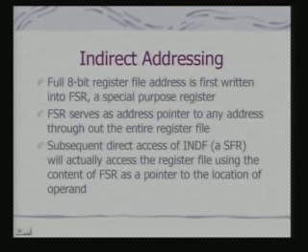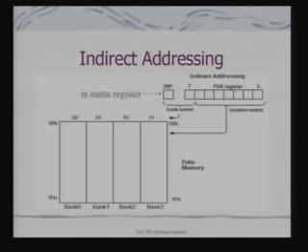The subsequent direct access of another special function register, INDF, will actually access the register file using the content of FSR as a pointer to the location of the operand. So in this case, what it implies is that you first load the FSR register with the value. This value you need to load in the FSR register through an instruction.